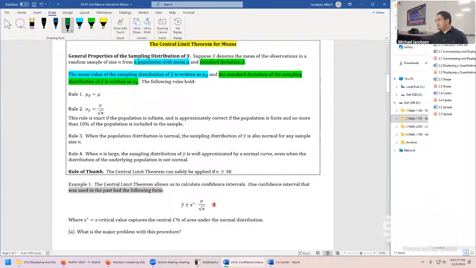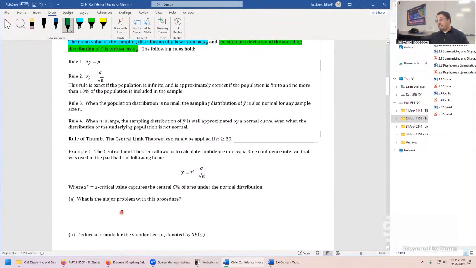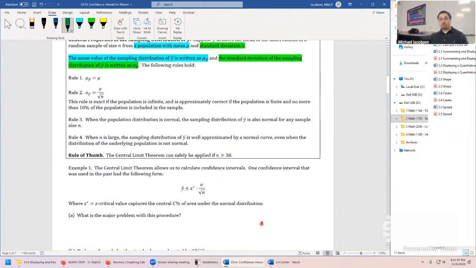Z star is the same Z stars we were using in chapter 13 with the quantitative data. But we can't actually do that. What is the major problem with this procedure? I think I accidentally gave it away. It's that sigma right here is unknown. Sigma is unknown. So you can't use that procedure.